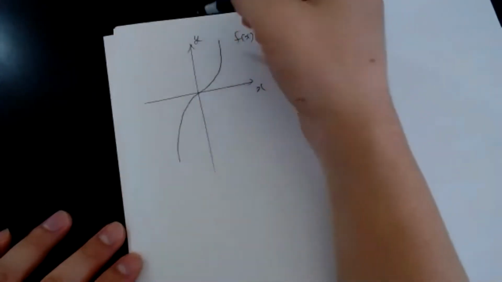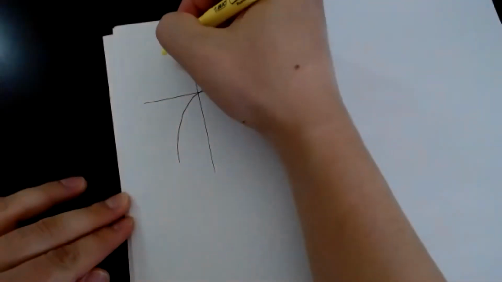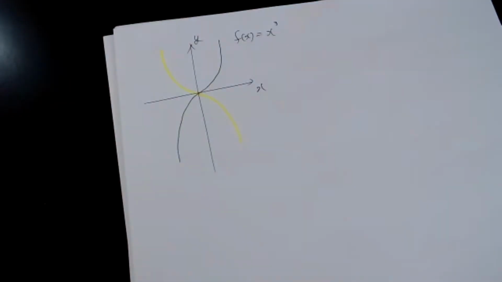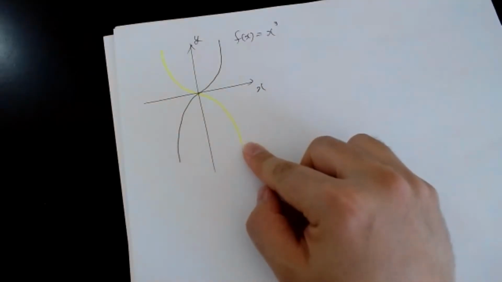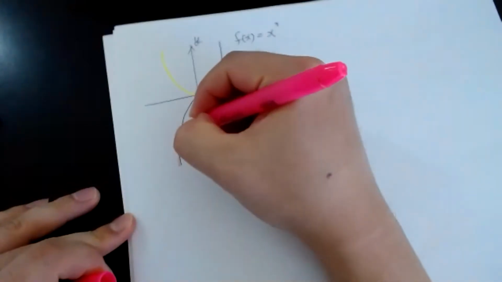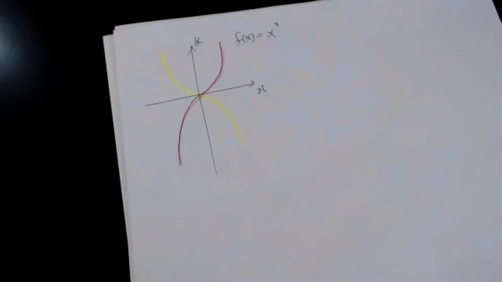If you reflect the graph about the y-axis, we get this, and then reflecting this about the x-axis, we get this, so we go back and forth.